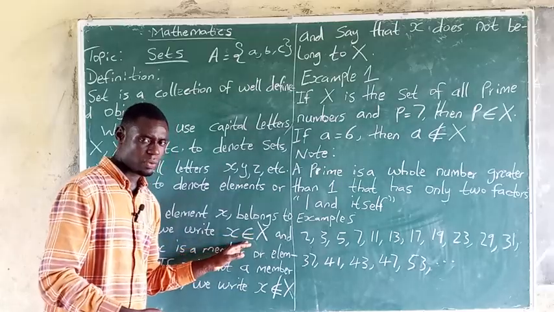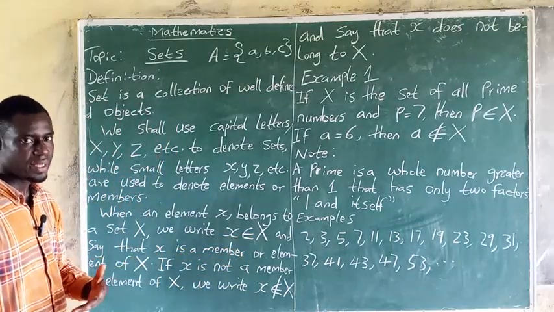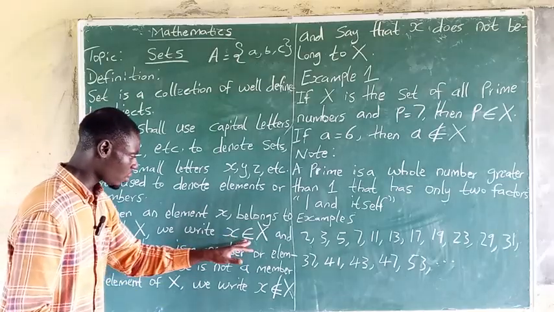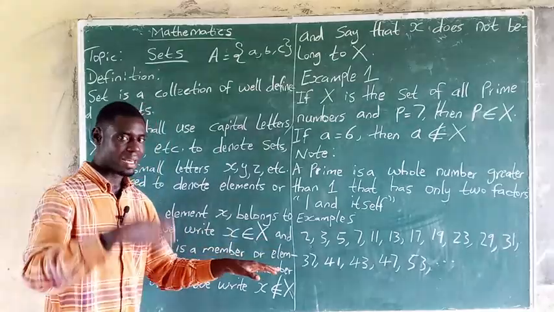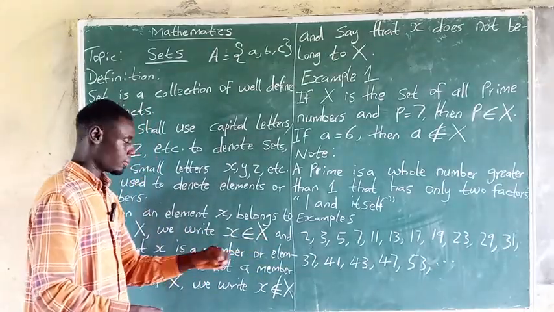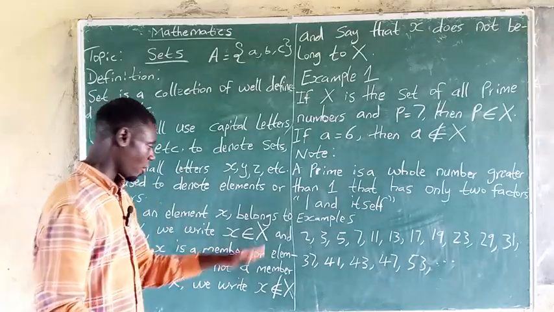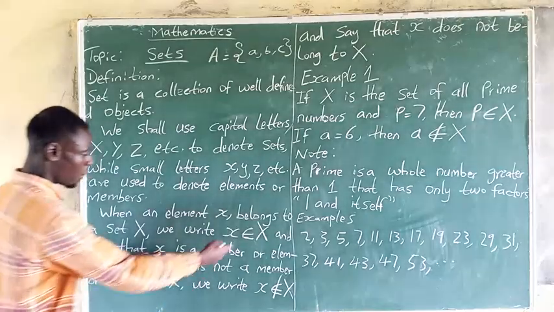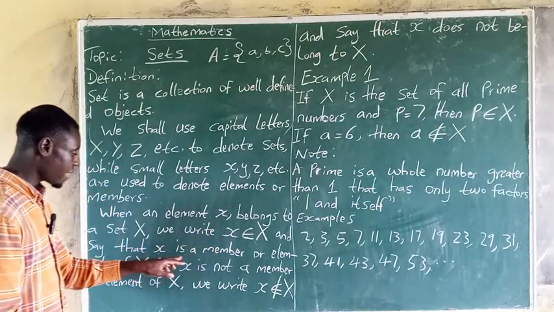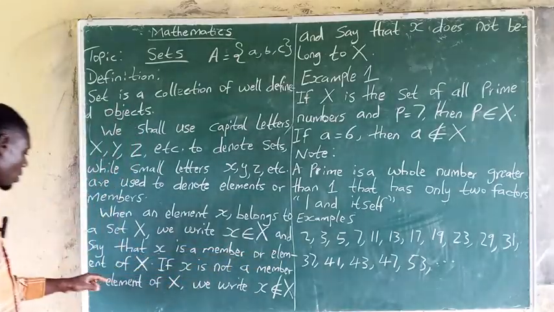Anytime you see this symbol, just know it means it's a member of. x ∈ X. That is, x is a member of X, or is an element of X, or is a family of X. It says that x is a member or element of X.